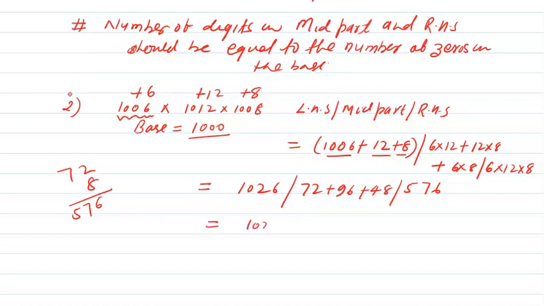So again, just for simplifying the process, if I add these numbers, what will I get? 72 plus 96 plus 48. So this will be like 70, 90 and 40, right? So 70, 90 and 40 and then 2, 6 and 8. So total will be 216, right? And then the right hand side will be 576.